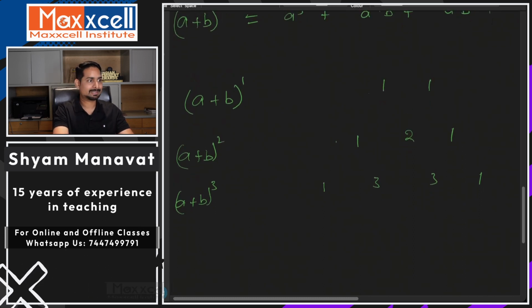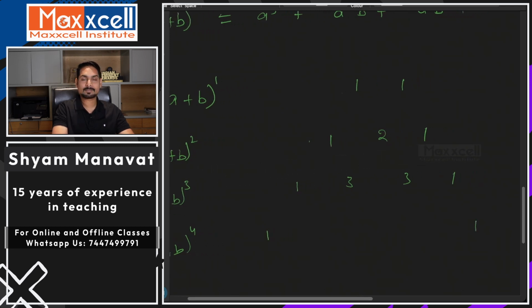Now if you see the relation there, it always starts with 1 and ends with 1. So if I want to write for a plus b to the power 4, this should also start with 1 and end with 1. Now this is nothing but 1 plus 1, that is 2.